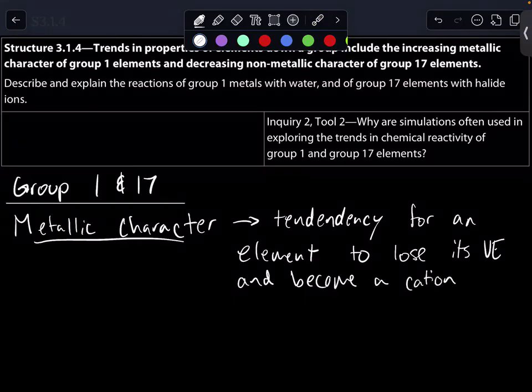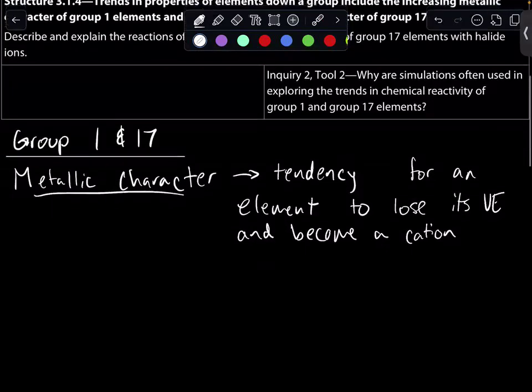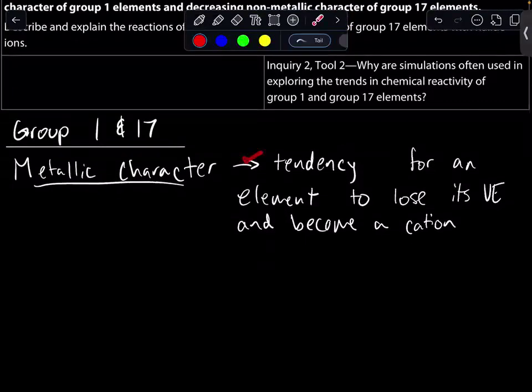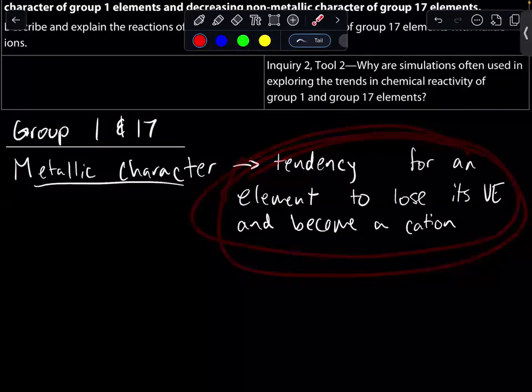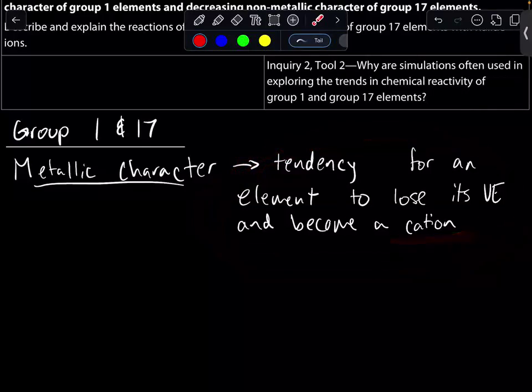You'll remember from the previous lesson that cations are positive atoms or positive ions. So any element that is more likely to do this, we would describe as metallic. The more likely it is to lose that valence electron and become a positive ion, the more metallic it is.